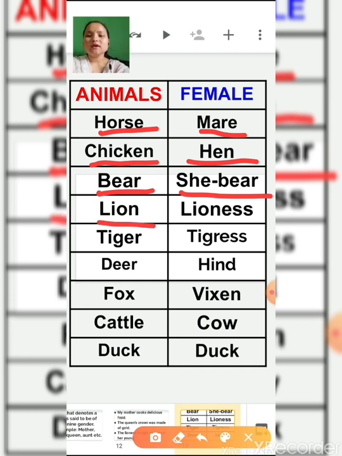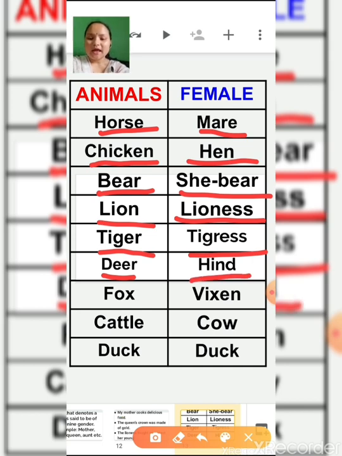Then lion. Female lion is known as lioness. L-I-O-N-E-S-S, lioness. Then tiger. Female tiger is tigress. T-I-G-R-E-S-S, tigress. Deer. Female deer is known as what? Hind.